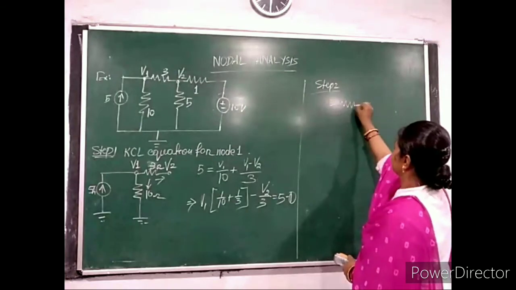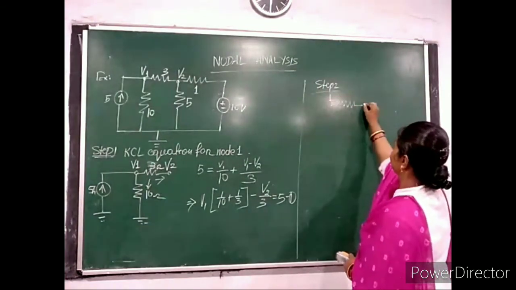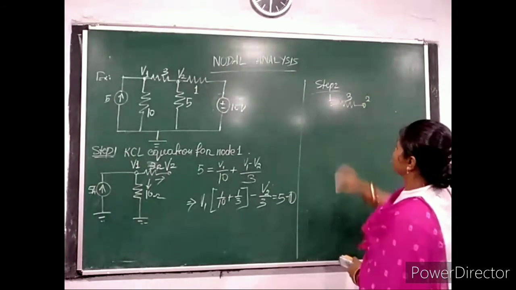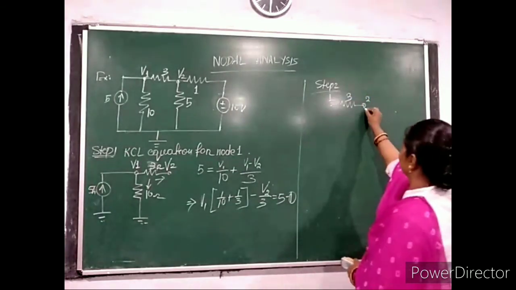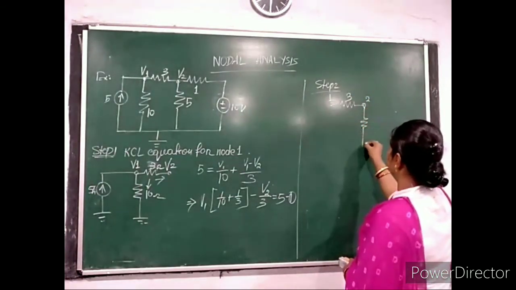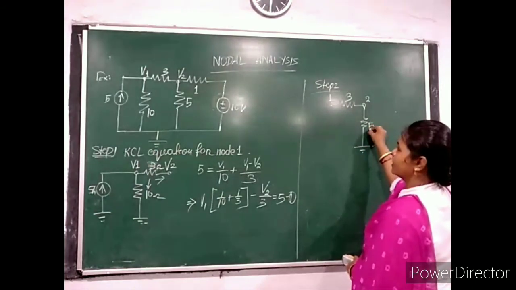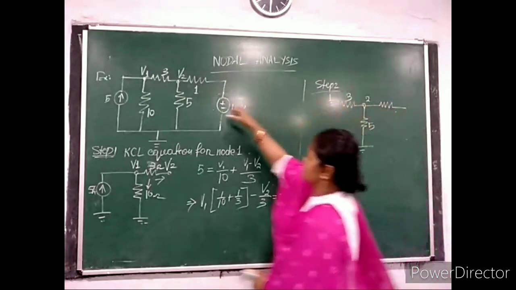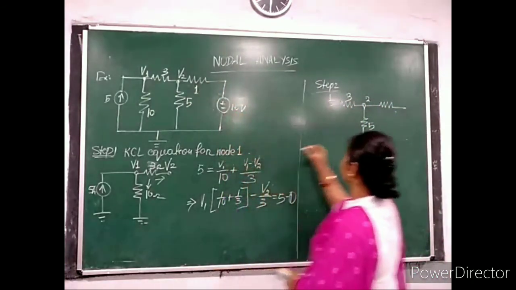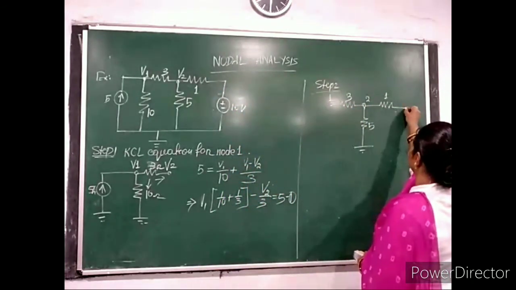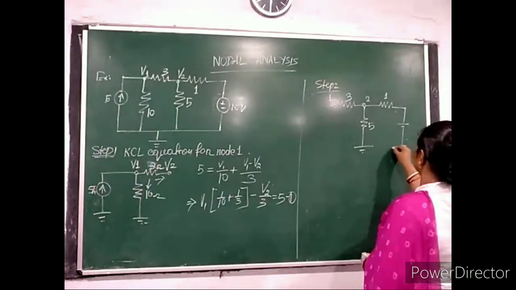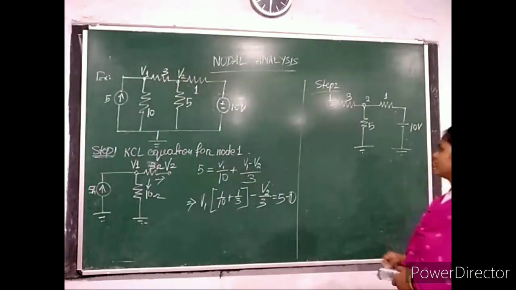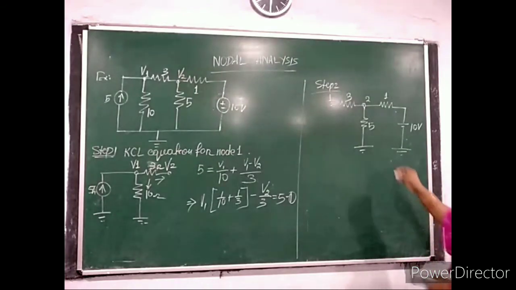This is node 1, this is node 2; in between node 1 and 2 a 3 ohm resistor is connected, then from 2 to the reference a 5 ohm, then this branch with 1 ohm and a voltage source of 10 volt.